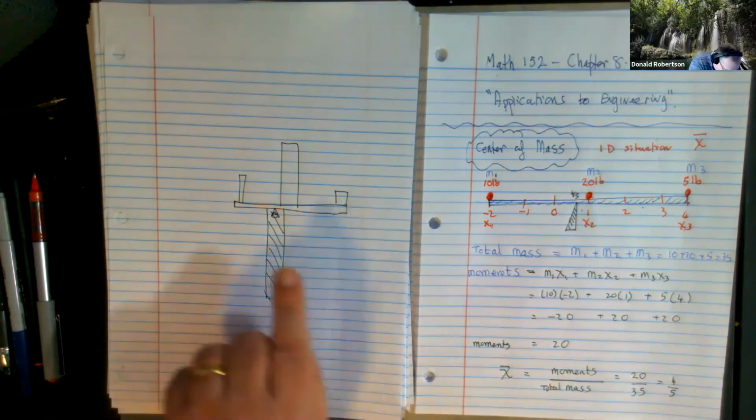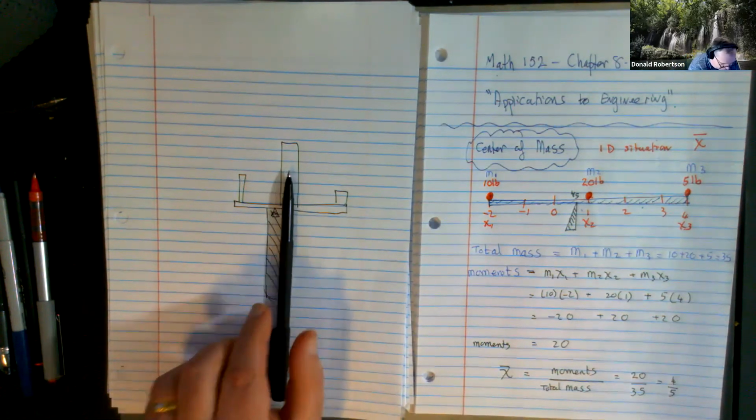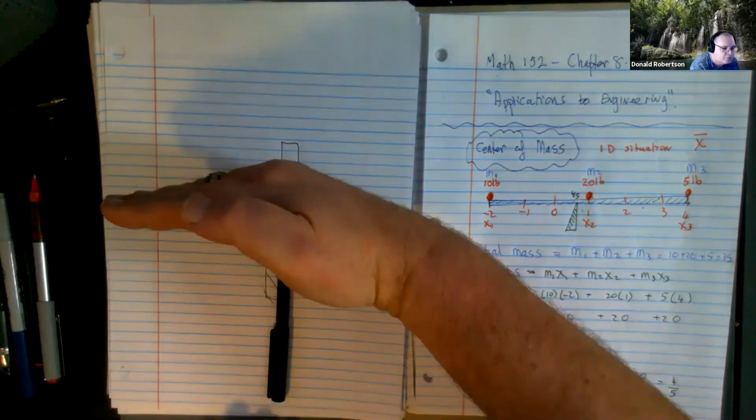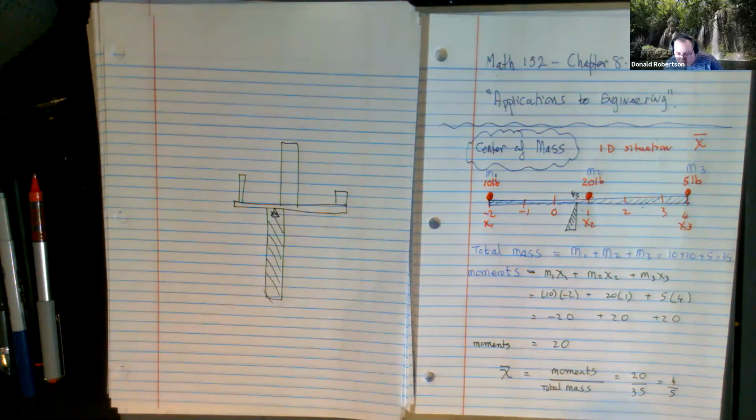You might think you would put it under the middle one, but actually if you put it under the middle one, there'd be a slight tendency to lean over to one side, and it would actually be less stable. So when they build bridges and buildings, one of the things they look for are the centers of mass of each level and the center of mass of the entire object.